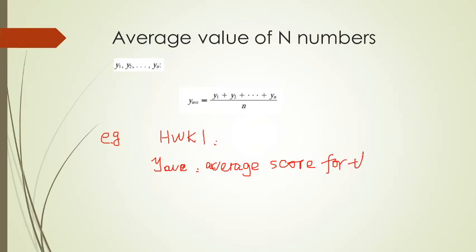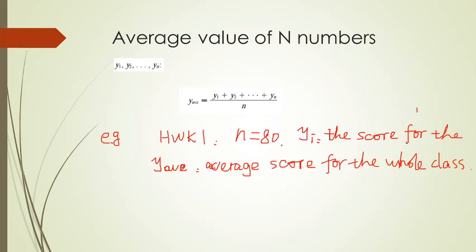Then how can you get the average score? You take each student's score, right? You add each student's score from the first one, second one until the last one, and then you divide it by the total, right? Divided by the total 80 students.